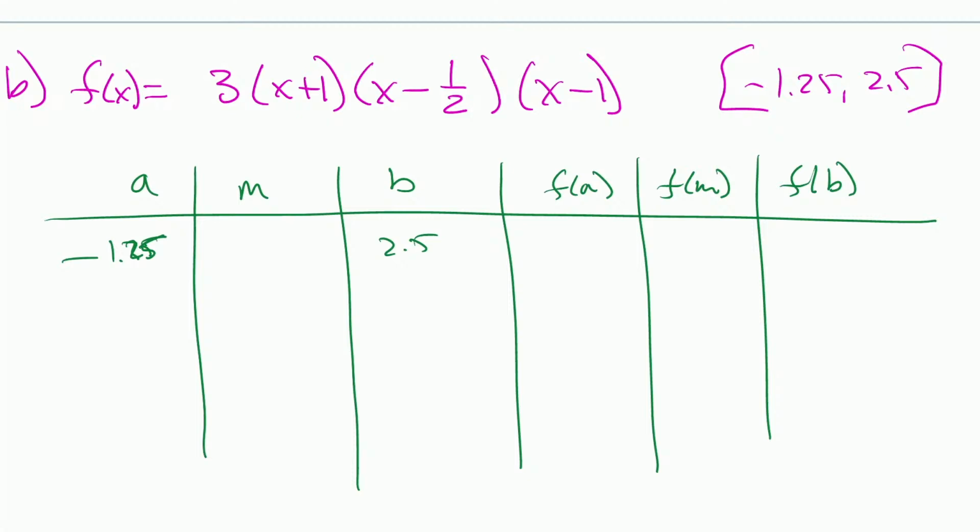And these two function values have to be different signs. If they aren't, no sense in going any further. So let me double check those. f of -1.25 is negative, and hold on a minute, f of 2.5 is positive. So we've got a negative and a positive, so we're going to split the difference.